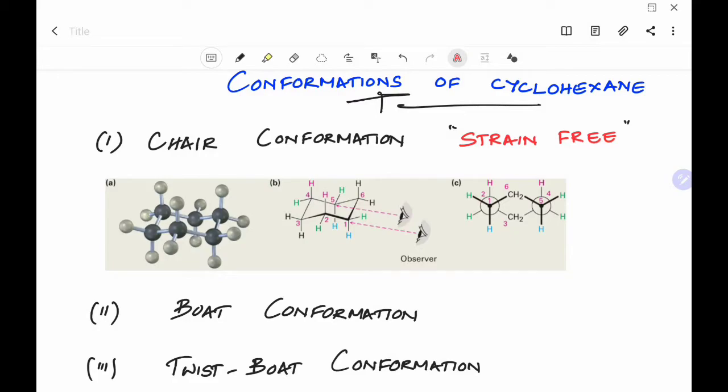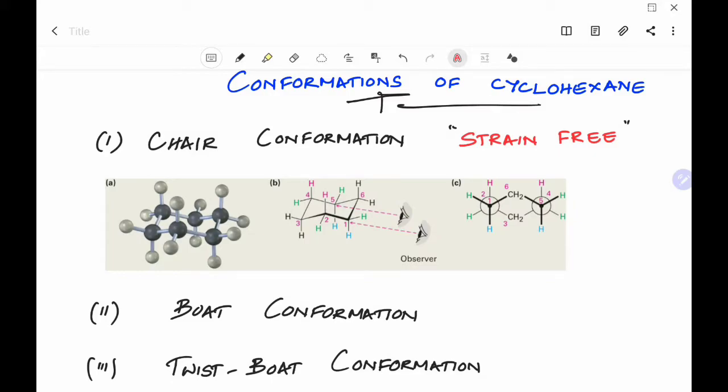Sometimes because of this strain, certain conformations could be highly unstable. But the chair conformation is strain-free. That means you don't have any ring strain from angle strain, and you don't see any steric strain or torsional strain.